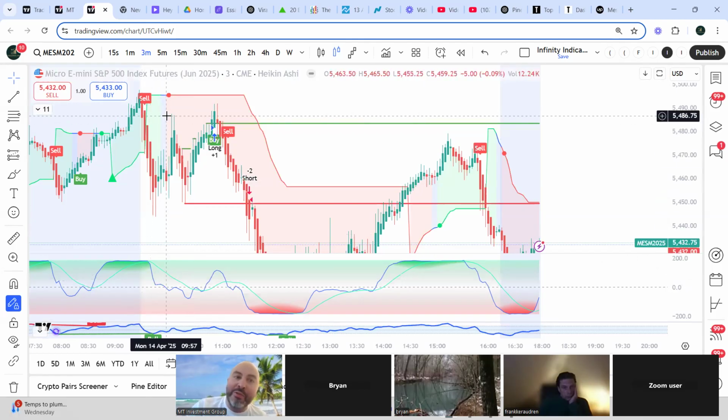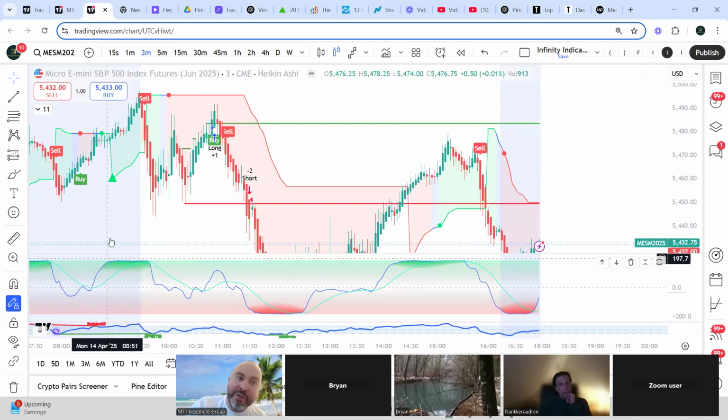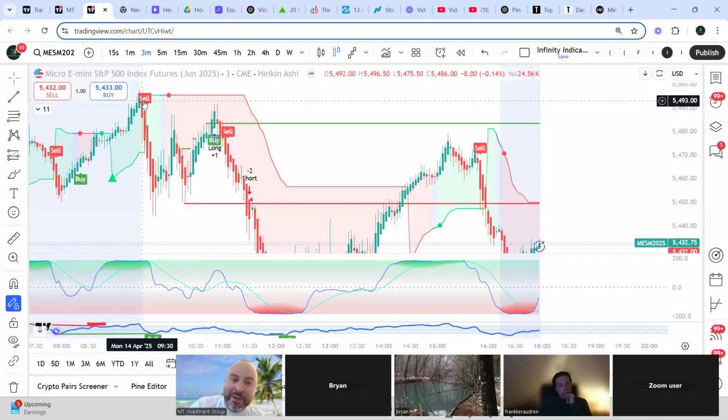But I like using it with this MLMI indicator, or at least to know when to go heavier on these positions. So you're looking for a sell signal on the indicator. Can't get any easier than that. Then with the MLMI, you wait for it to stop shading, cross, and there's your entry.